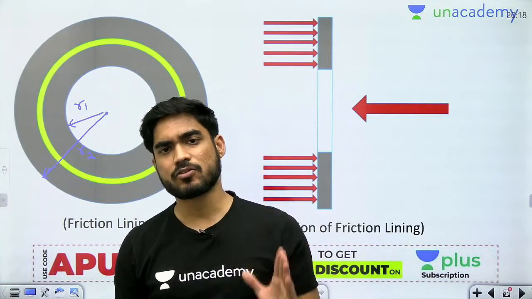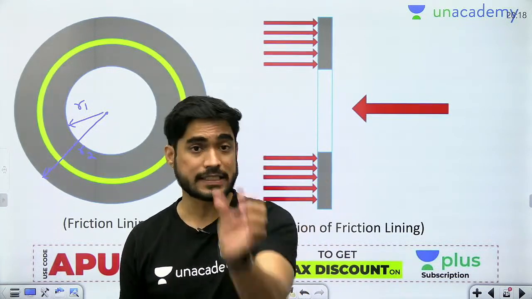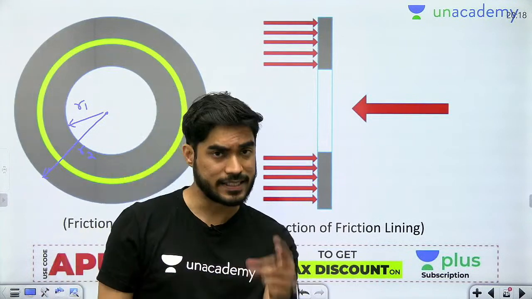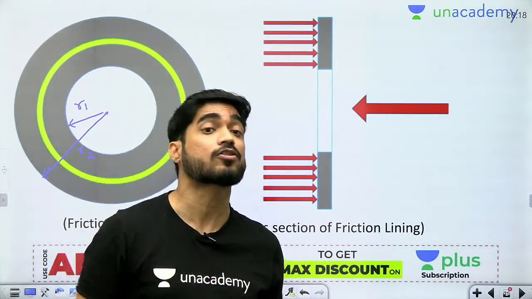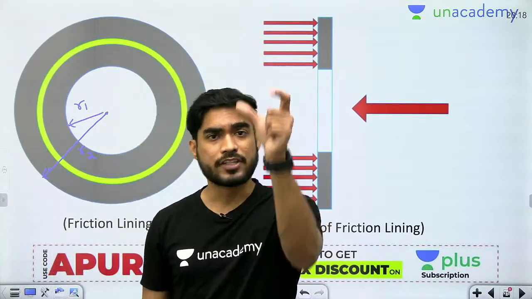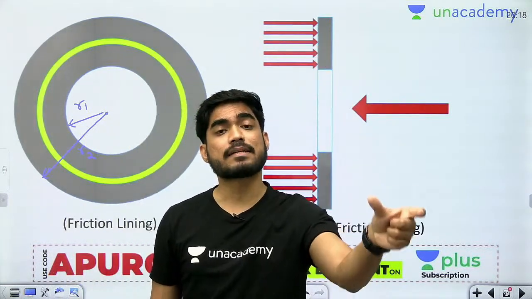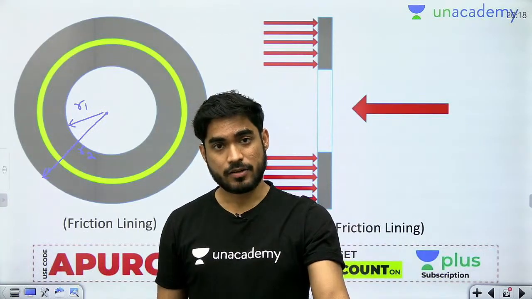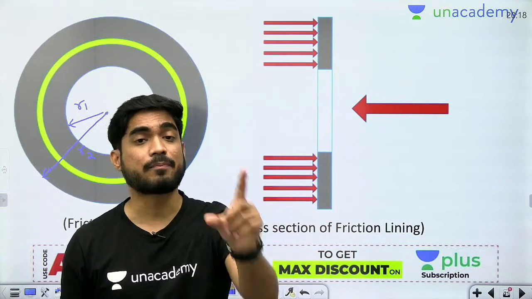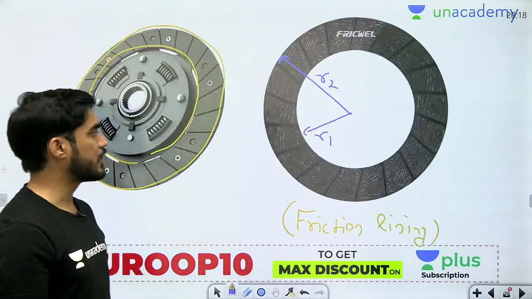I have given you the chart of different materials and their coefficients of friction in the case of brakes, and I told you that this chart will be useful in the case of clutch also. In that chart I showed you the coefficient of friction and the maximum allowable pressure. The coefficient of friction should be high and the maximum allowable pressure should also be high. Now understand what is happening.